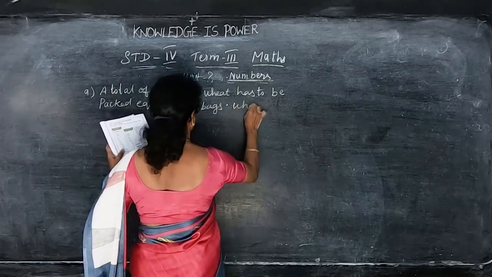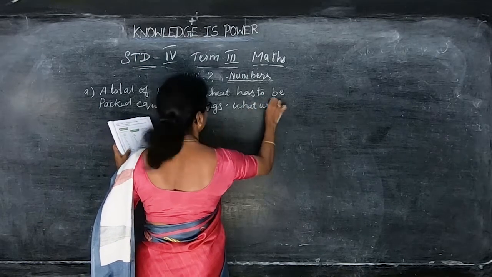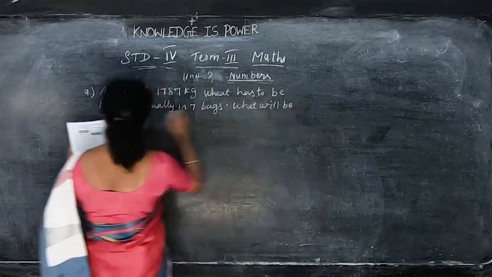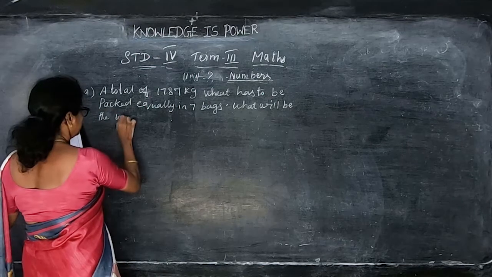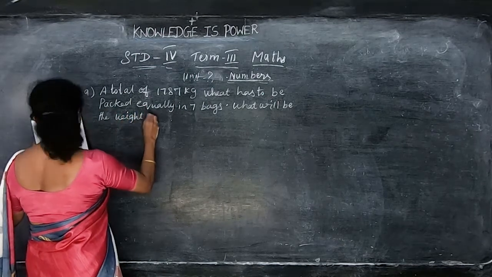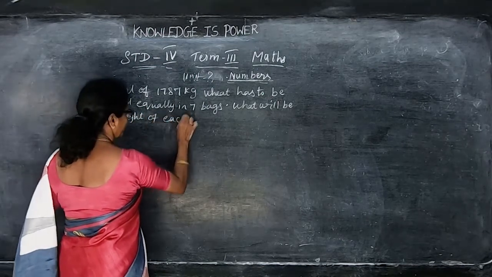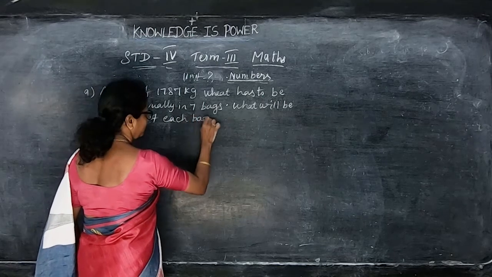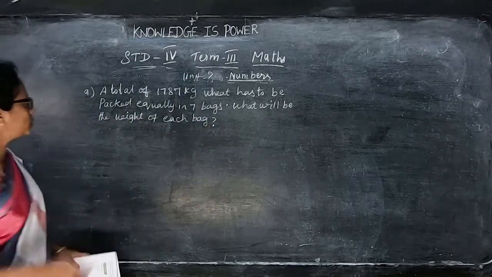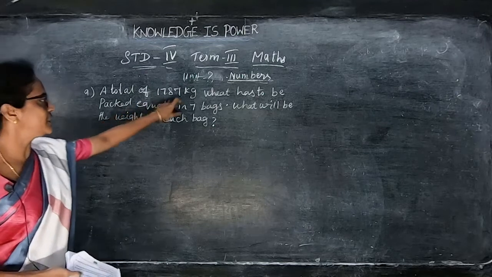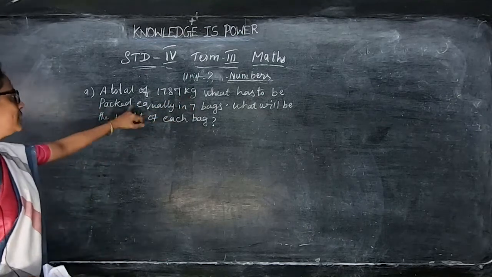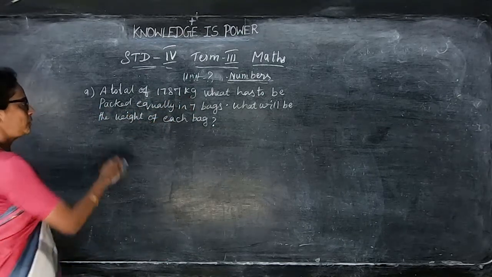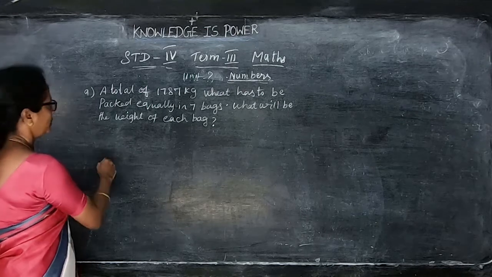What will be the weight of each bag? So a total of 1787 kg of wheat has to be packed equally in 7 bags. So what will be the weight of each bag?